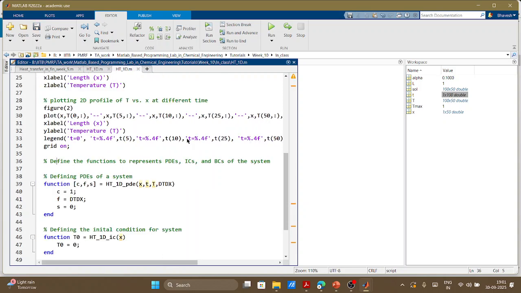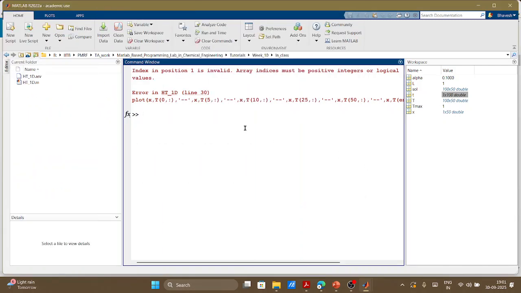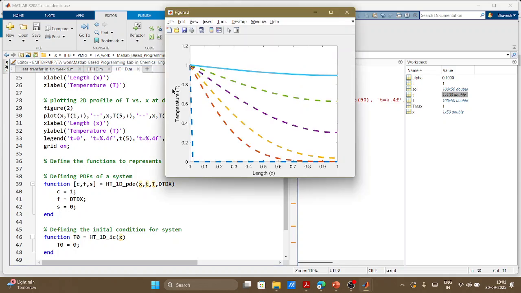Okay, let's see if it works. Yeah, I got an error. Oh, it should start with 1. Yeah, no, it's not working.